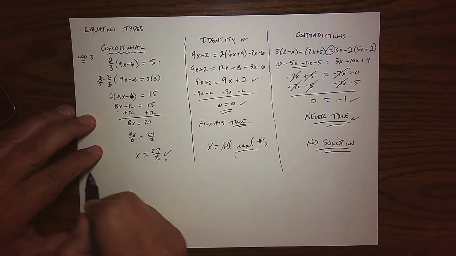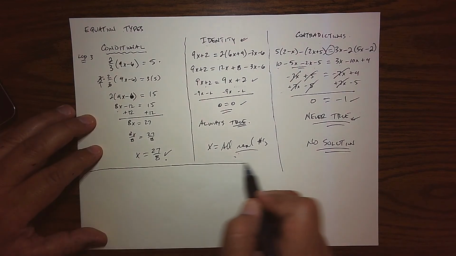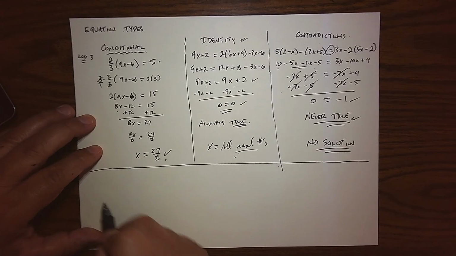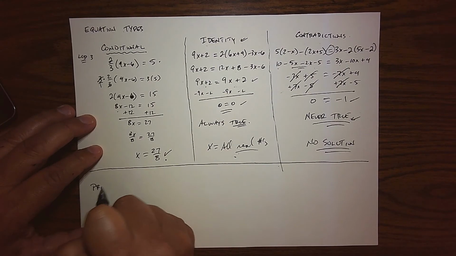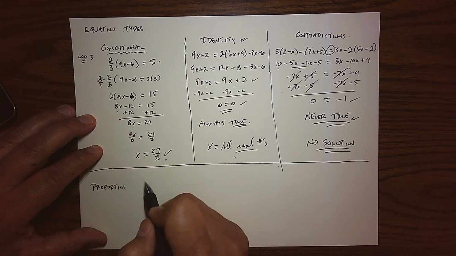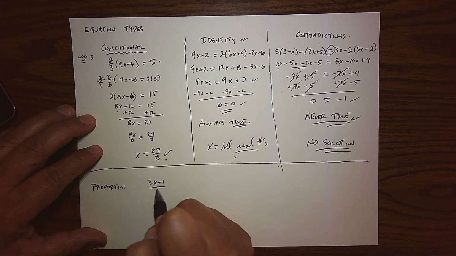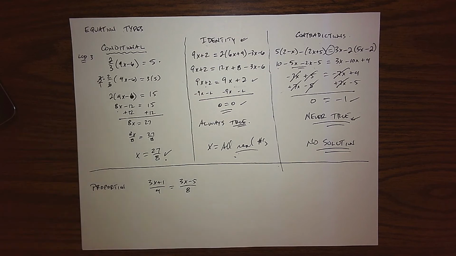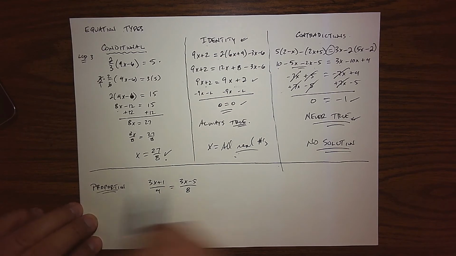While I'm on the topic of categorizing things, let me go one step further. In the last video, we ran into an equation where I solved by just multiplying both sides by the LCD, and it worked great with that one. But some equations are also called proportions.